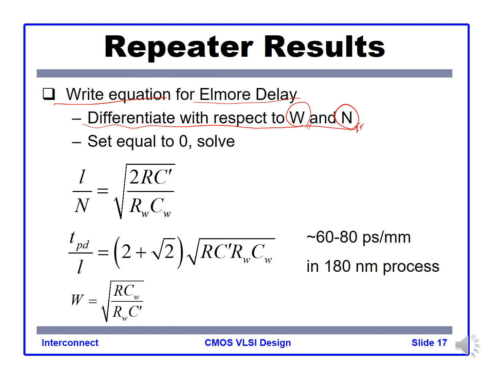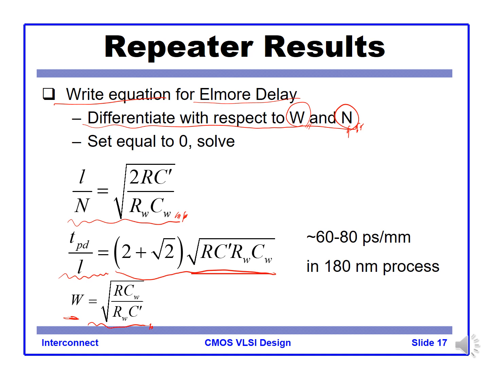In that way we can find the optimum W and N. What we found is that the optimum number of repeaters per unit length is like this, the delay per unit length would be like this, and the width of the device would be like this.